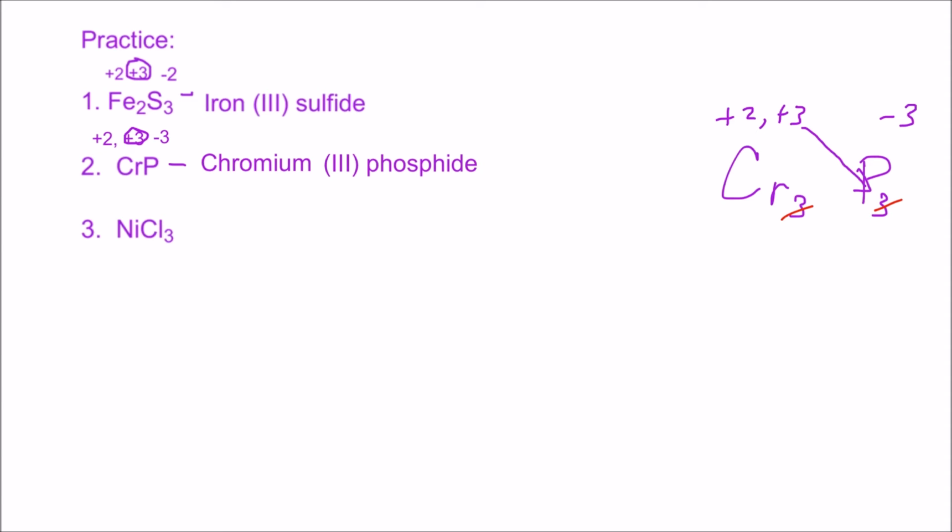Okay, so now let's try doing the third one. Is this binary? Yes, it is. Is the first element metal? Yes, it is. Does it have more than one oxidation state? Yes, it does. So we're going to say the name of the first element. Then we're going to put the oxidation state in parentheses using Roman numerals. So nickel can be a +2 or +3.